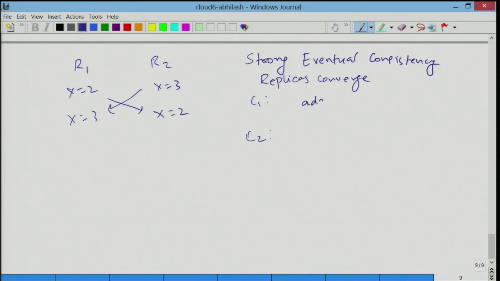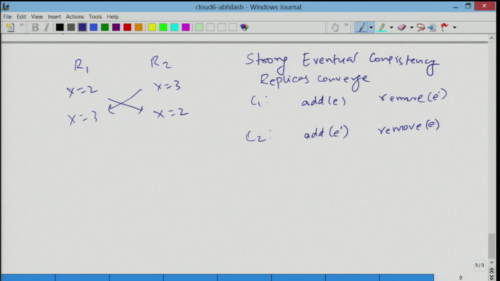Let us say we are doing these two operations. So we have a set, C1 and C2 are adding values E prime and E. C1 is removing E prime and C2 is removing E, right?